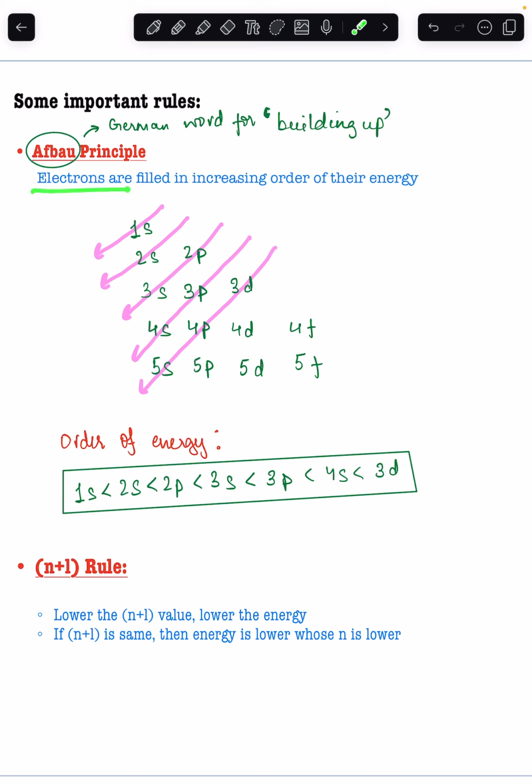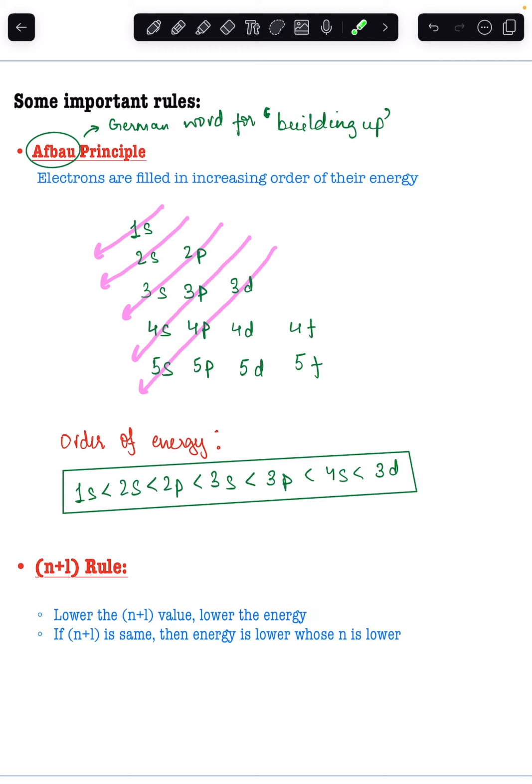Now how do we find out what the order of energy is? For that, we have the n plus l rule. What is the n plus l rule? It says that the lower the value of n plus l, the lower the energy is going to be, and the higher the value of n plus l, the higher the energy is going to be.